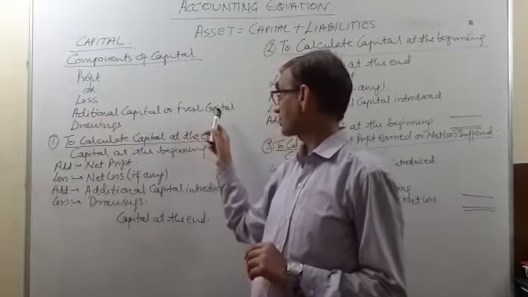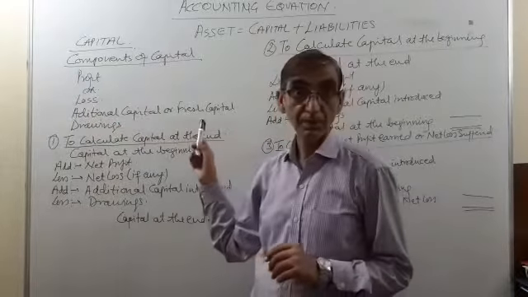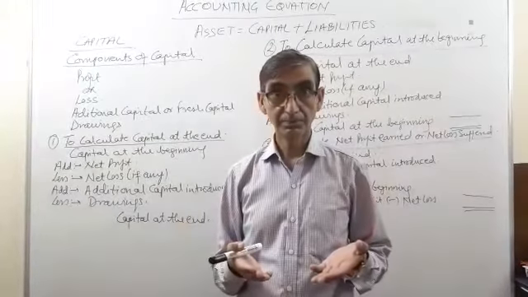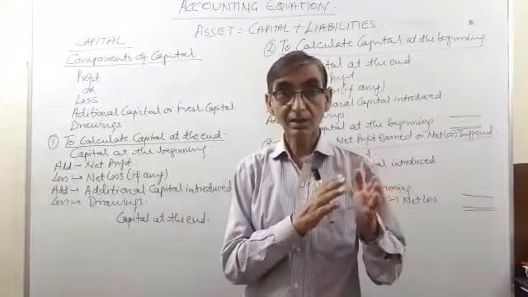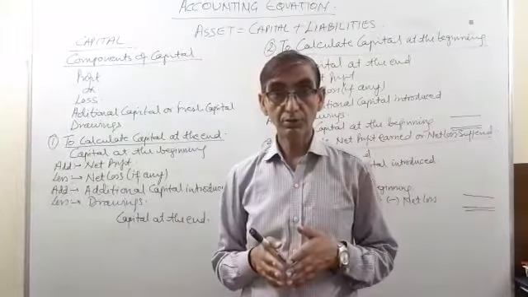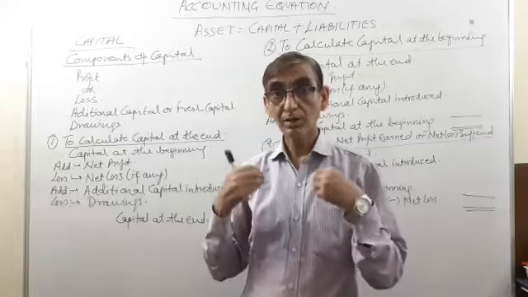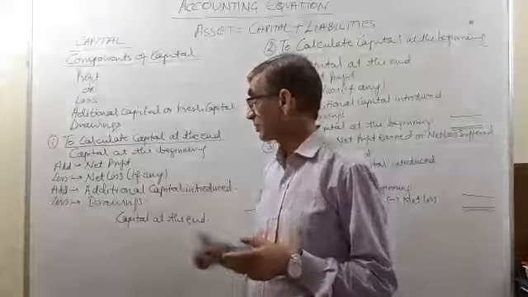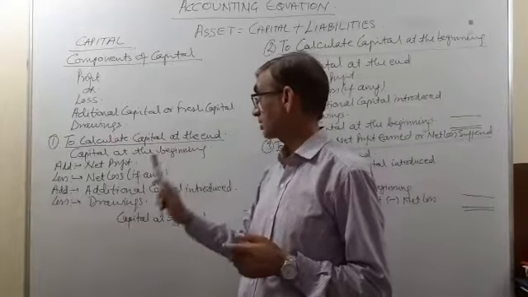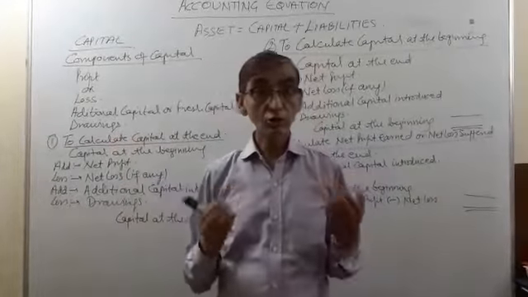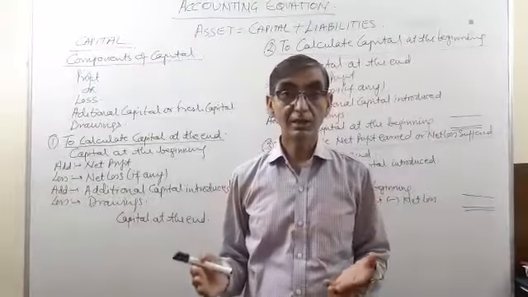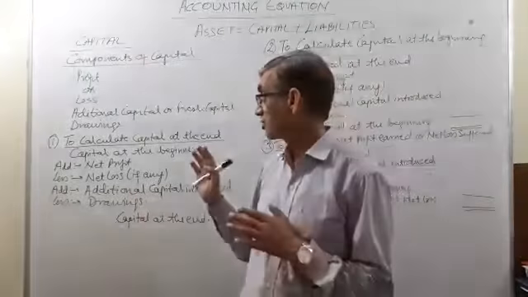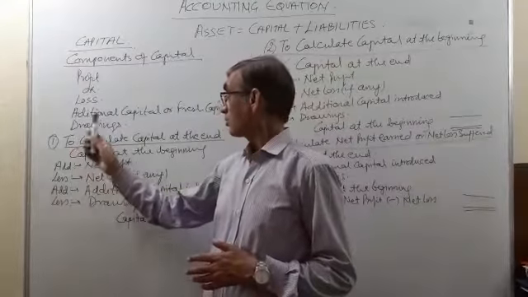Then the additional capital or fresh capital: the capital that you invest in the business apart from the initial capital that you have introduced, for running the business smoothly, is additional capital or fresh capital. Drawings: the goods or the money that you have withdrawn from the business for your personal use are called drawings.